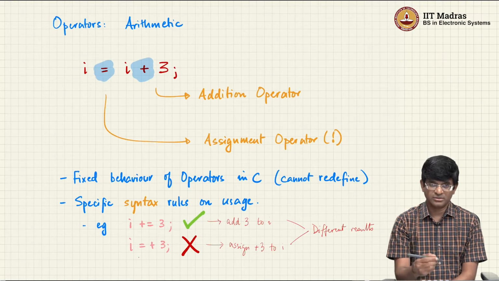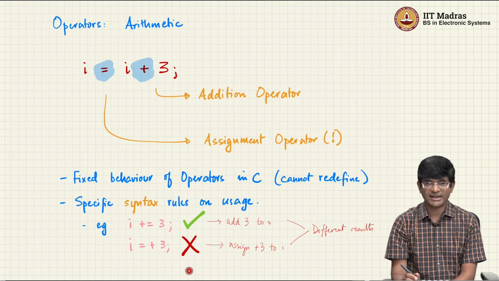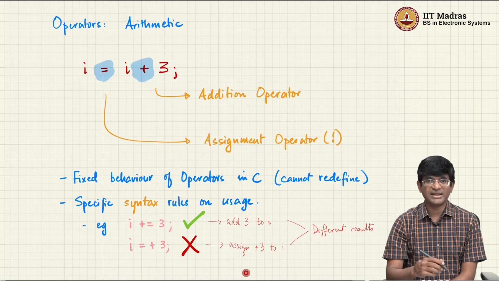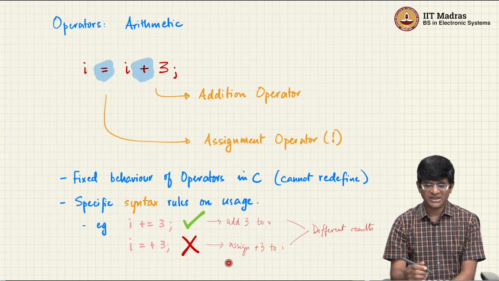Of course, this was a particularly simple case where both of these orders actually do have syntactically correct meanings. In general, if you were to change these things around, it can also result in something which is completely syntactically incorrect, okay. But that is just pretty much part of the programming language, right.